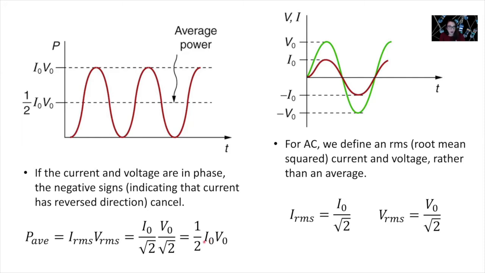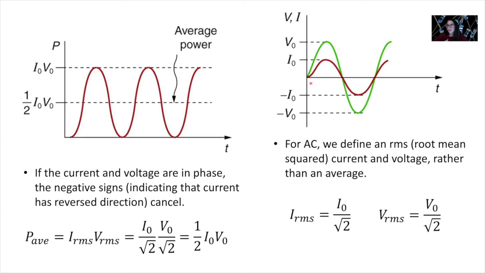But we also have something that we call our RMS, root mean squared current, and our RMS, root mean squared voltage, not velocity, this is voltage. For alternating current circuits, we define an RMS current and voltage rather than an average, because when we think about the current and the potential, they're fluctuating around some 0 point.